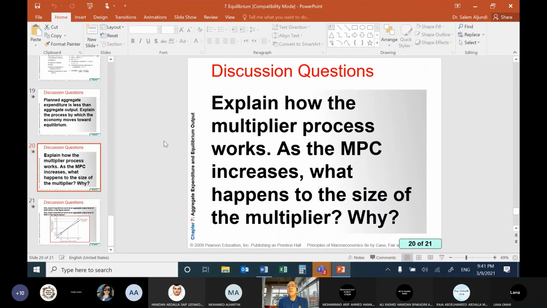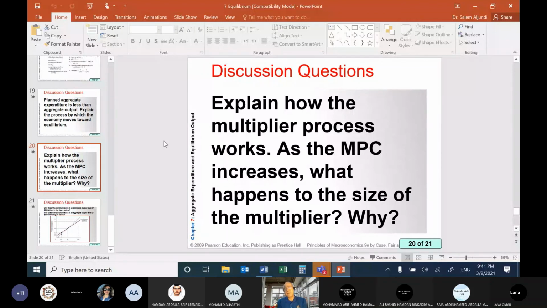And they will spend 90% of this new income to purchase something else. So in the end of this process, aggregate output or aggregate income will increase multiple times more than the initial increase in one of the exogenous variables, such as an increase in government expenditure.